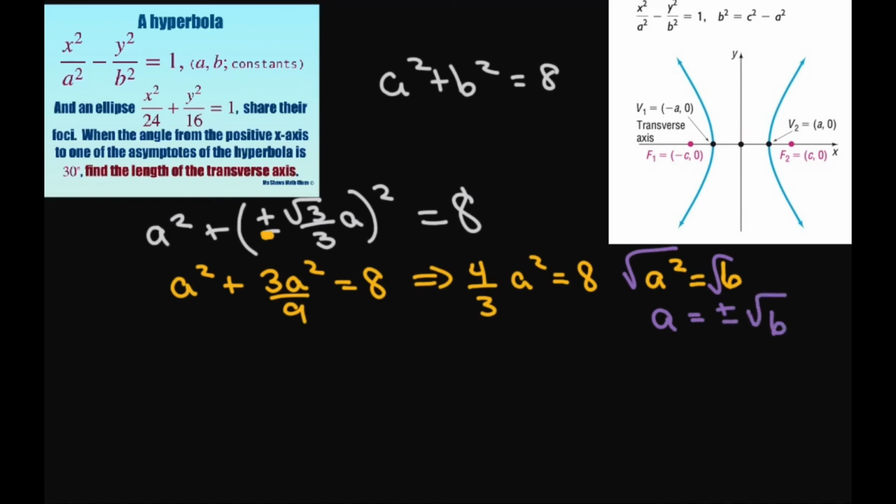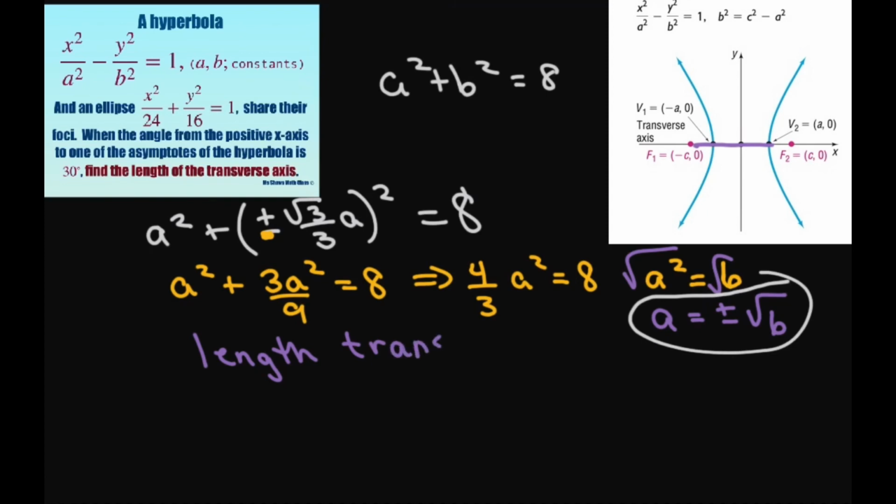Once you find a, and since our transverse axis is horizontal, the length of the transverse axis is 2a, because the transverse axis is this part, a, and this part, a.